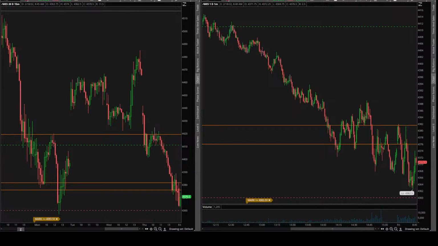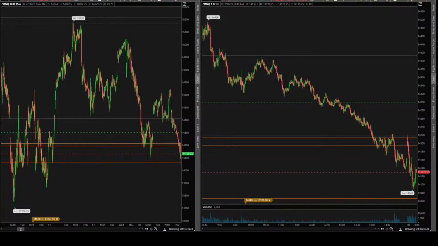NASDAQ is weak. It did pierce its overnight low. So let me pull up NASDAQ real quick. Take a look at the daily here on my chart. All right. So NASDAQ got pretty close. I've got this line here as potential support.